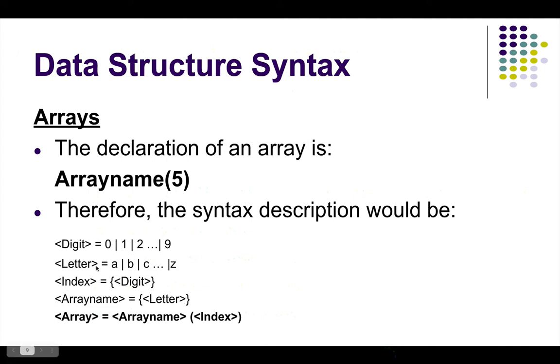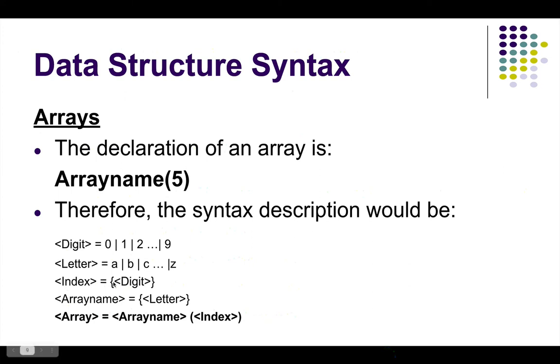A letter is A or B or C. Now this ... or Z means that you can assume in between there is the rest of the alphabet. So if I can have a repetition of letters, that's how I'm able to spell array, like element, E-L-E-M-E-N-T, repetition of letters, yeah.